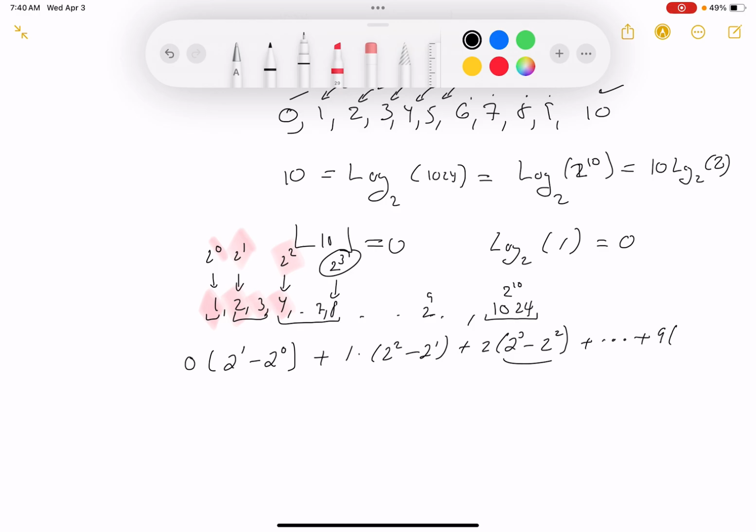Let's think about that, all right? So I'm going to say it's going to be 2 to the 10 minus 2 to the 9, and then we get a 110 over here, just one of them. All right, let me just show you where I'm seeing a pattern over here. All right, but there's only 110.